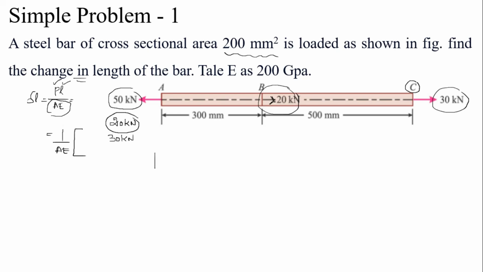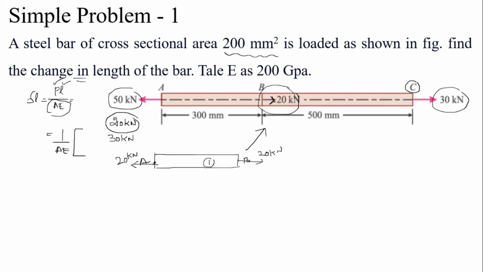So, first we take section 1, with the left side at point A and the right side at point B, right. At point A 20 kilonewton tensile force is acting, and similarly at point B 20 kilonewton is acting according to the given data, right.